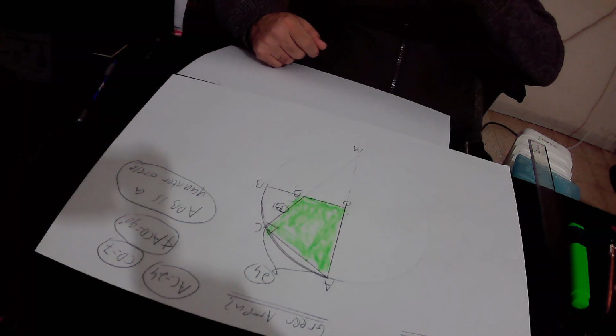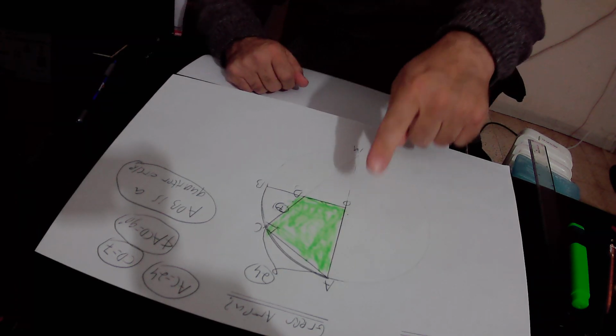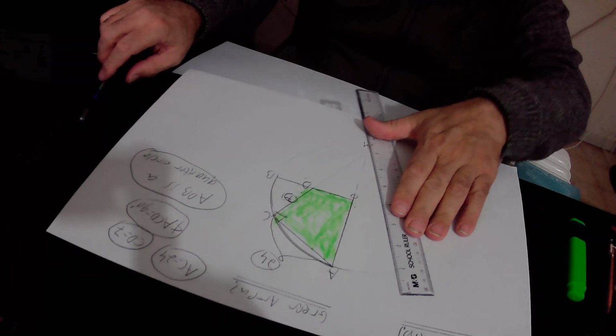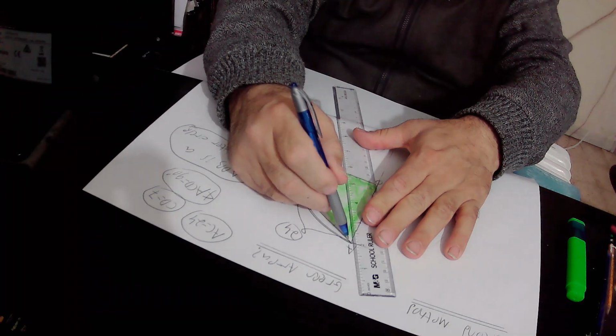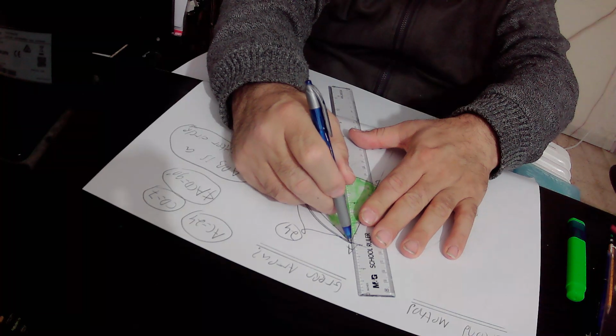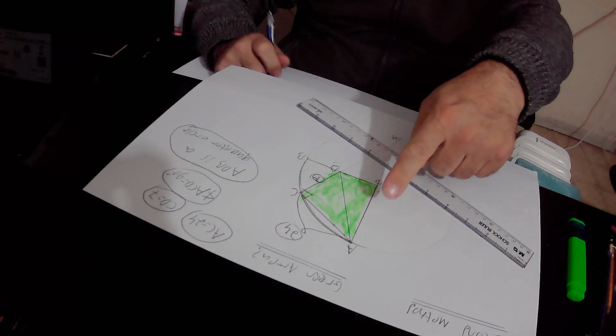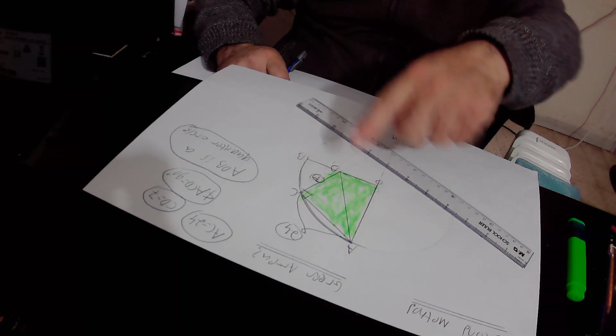In the second method, we join points A and D together by a straight line. By joining points A and D, we created the green right triangle ADC.